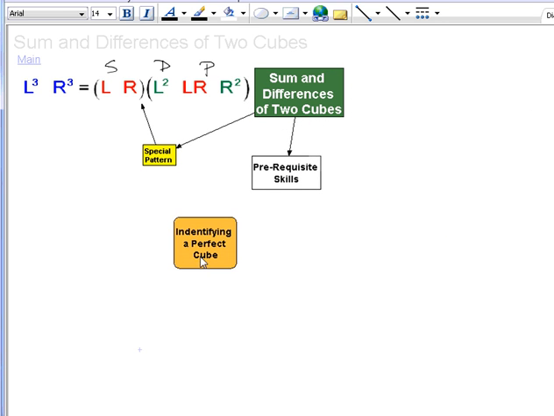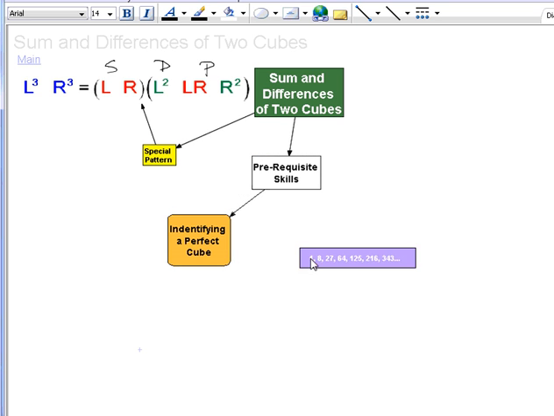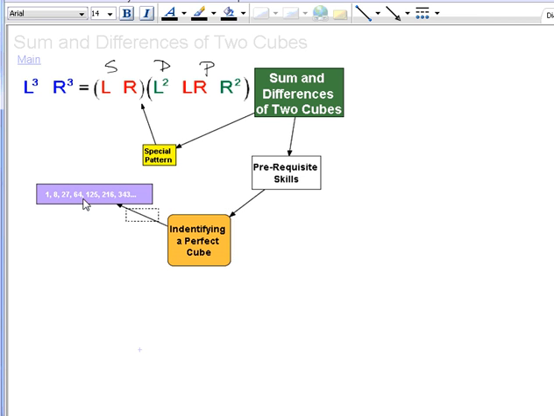Okay. There are certain prerequisite skills that you have to have some ability around. One is identifying a perfect cube, and to do that, you need to realize the special pattern for perfect cubes. And with regard to variables, you need to realize that the exponent must be a multiple of 3.